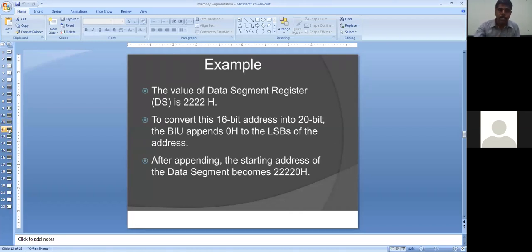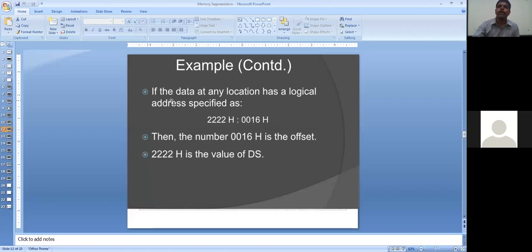Now we'll take one example. If the data at any particular location has a logical address specified like this, as you might have seen when working with EMU 8086, then the base address is 2222, and from there you are pointing to an offset location that is 16H.